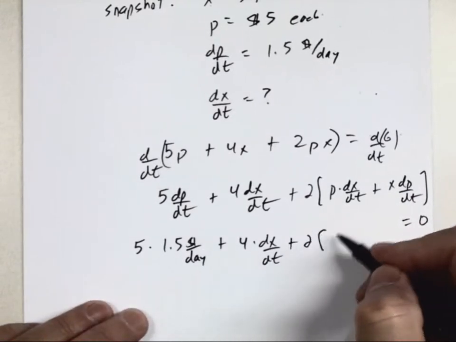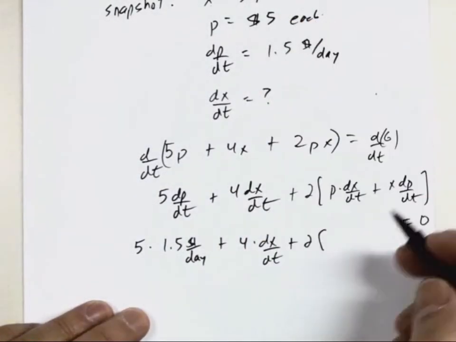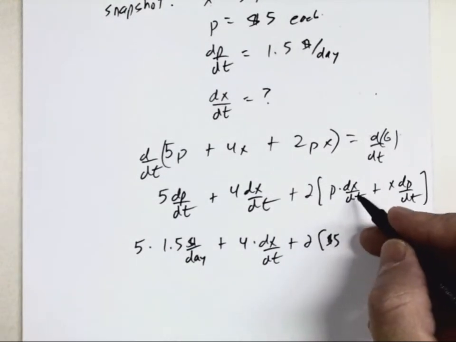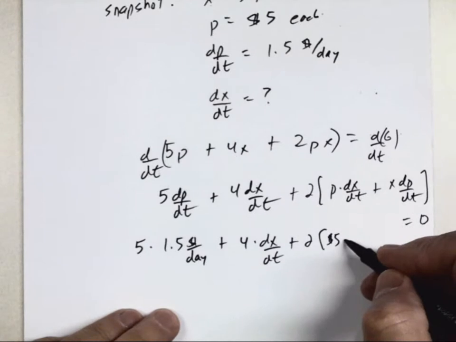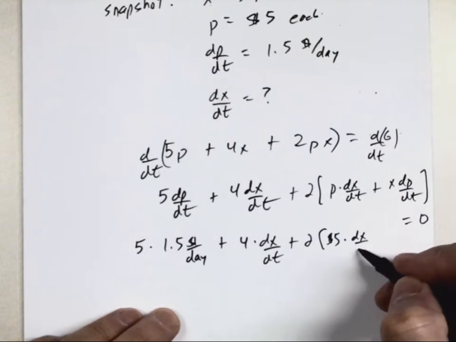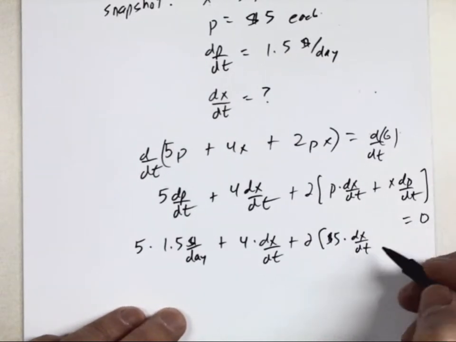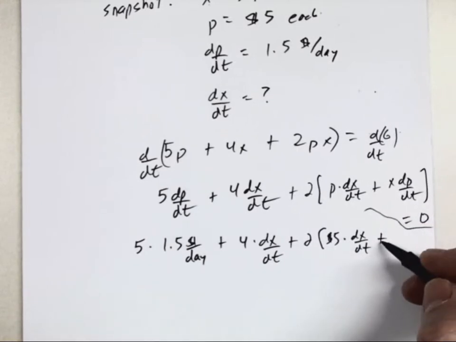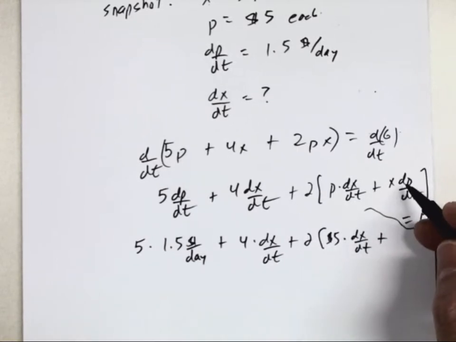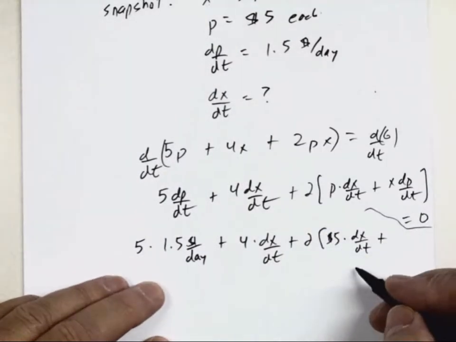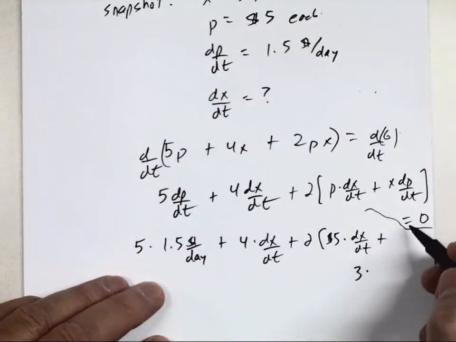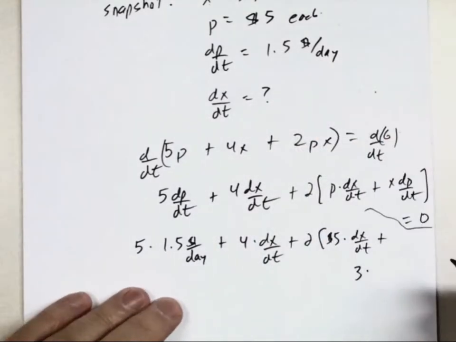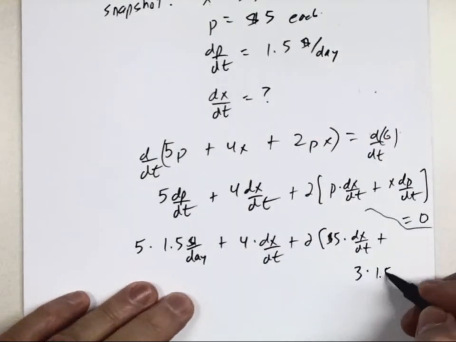Plus 2 times p, which is $5, times dx/dt, which is once again what I'm trying to solve for. Plus x dp/dt. x is 3 pencils. dp/dt is how the price is changing. The price is changing $1.5 per day.